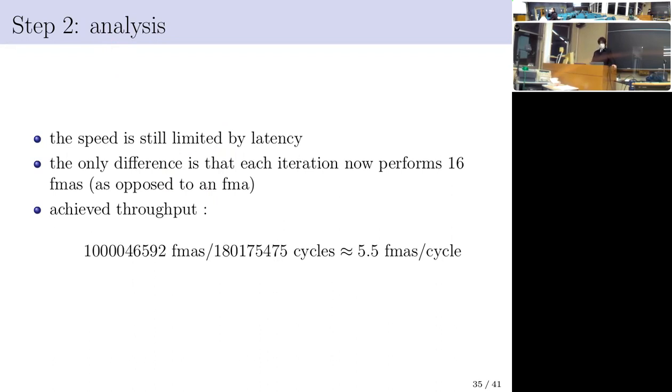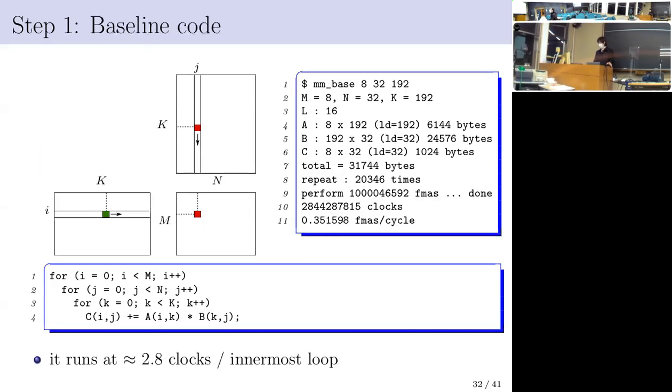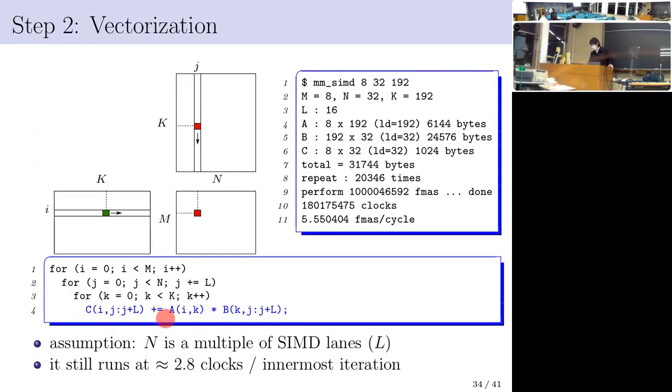But the performance after applying this SIMD is still away from the ideal peak performance. And the reason is actually the same as before. Even if it is vectorized, the fact remains the same. Let me explain using this code. In terms of pseudo code, the vectorized version looks like this. You take L elements of B at the same time and update L elements of C at the same time.